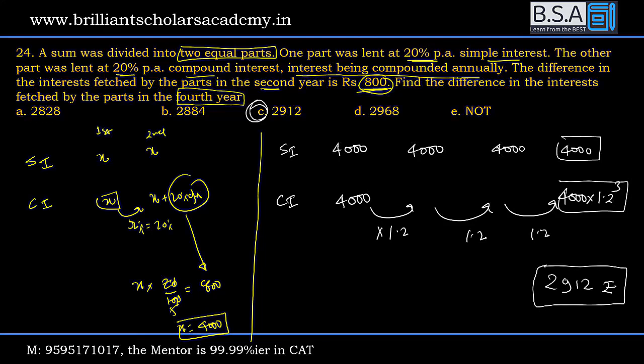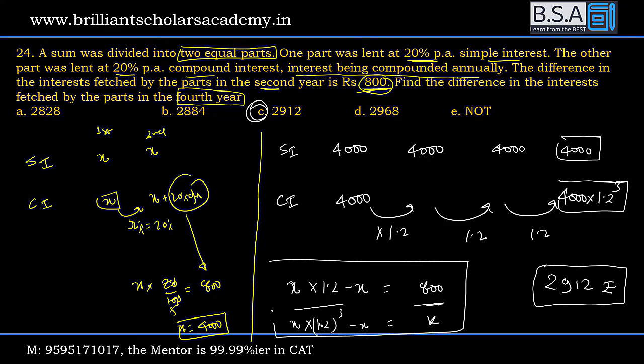I'll write down that equation for you. If I say interest for first year is X, so second year will be 1.2. The gap between both is 800. Interest for the fourth year will be 1.2 cube. The gap has been asked. So you take a ratio between these two.